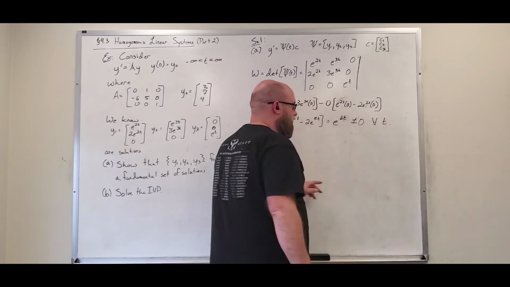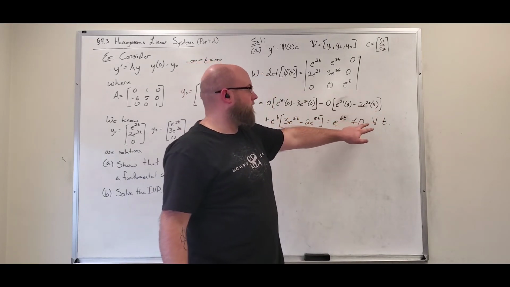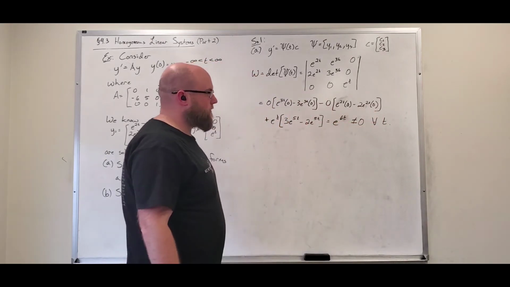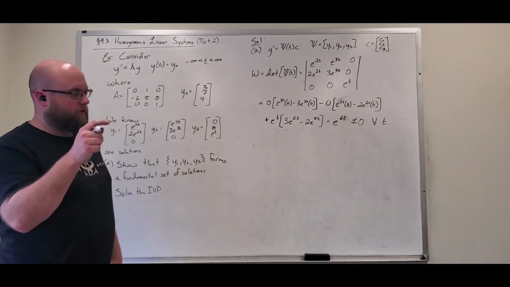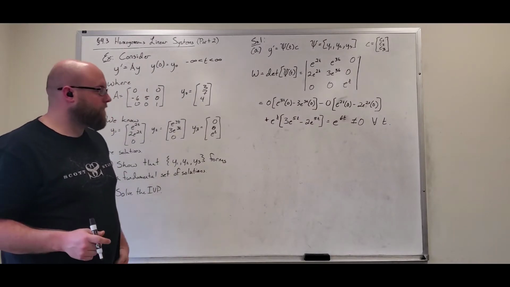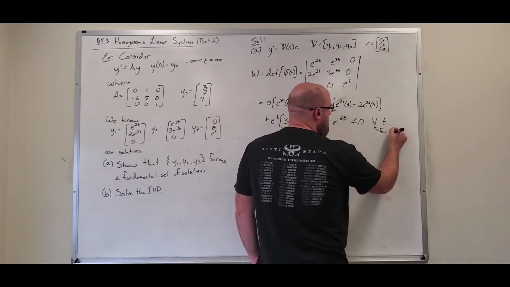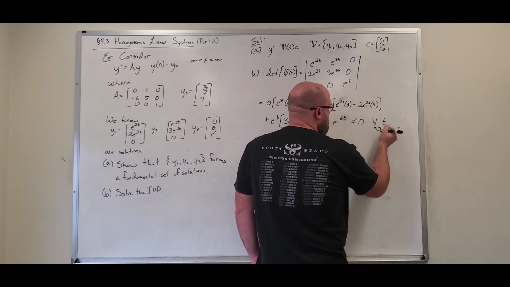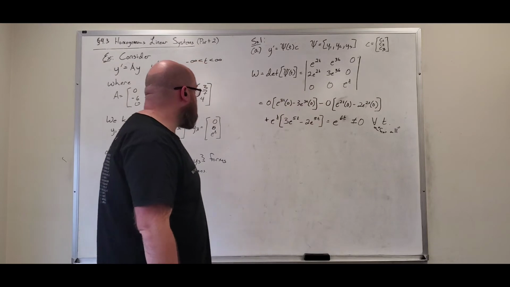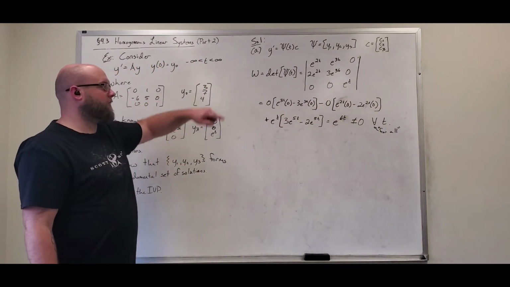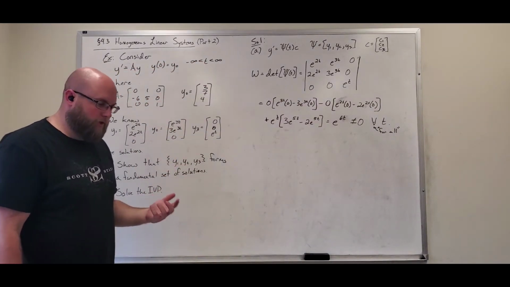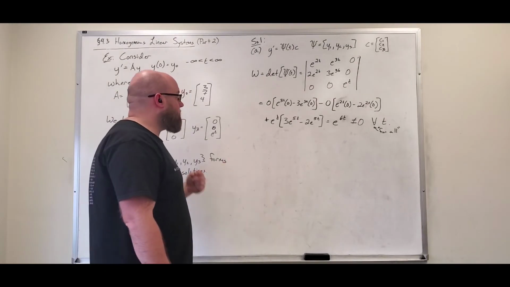Now, this again is a mathematical symbol saying for all, so it's an upside down capital A, or a V with a slash through it. So that means for all. So I'm going to put that in there as well. So don't freak out when I throw that in there. But that's what it represents. And so that's for all t on the interval from negative infinity to infinity. So what we have just shown is that this forms a fundamental set.